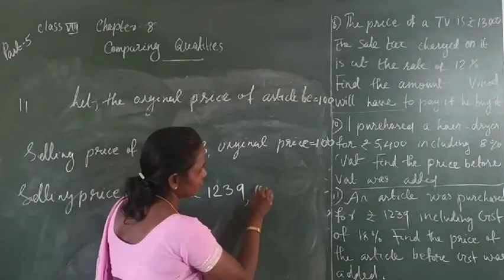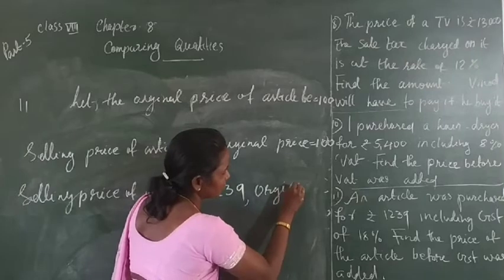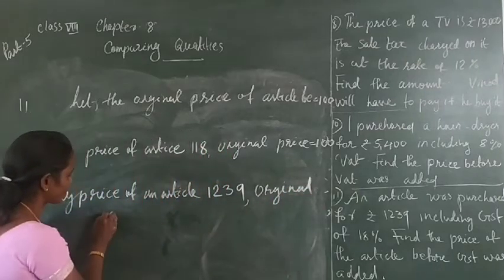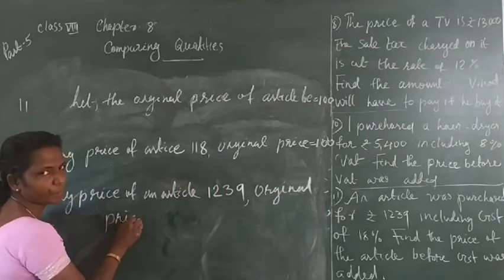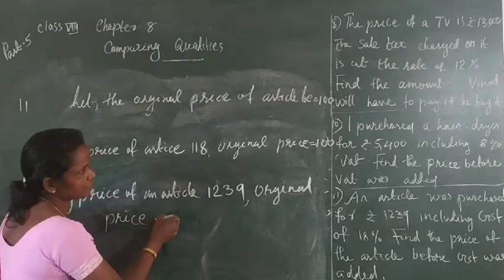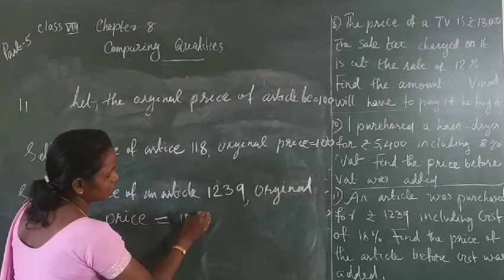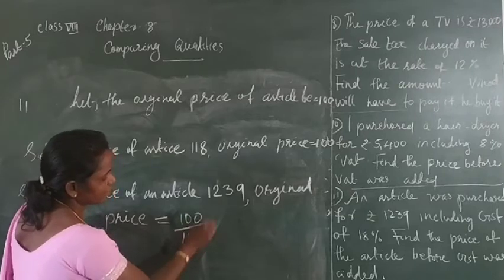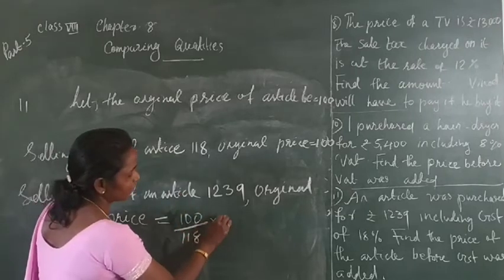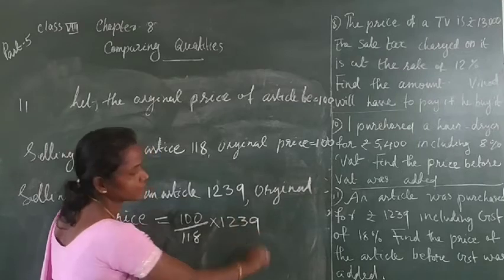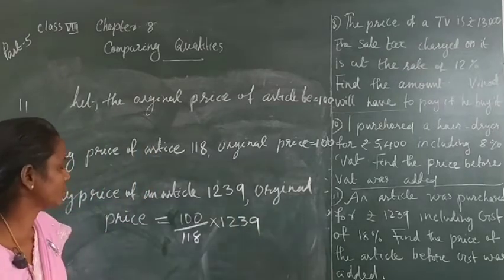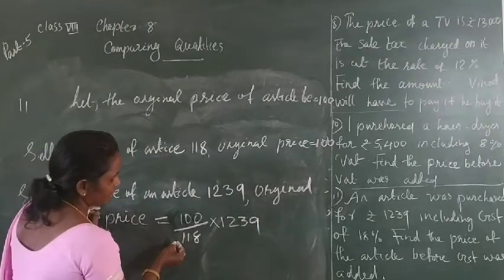Then original price is equal to, look, 100 by 118 multiply 1,239. Then how many times?